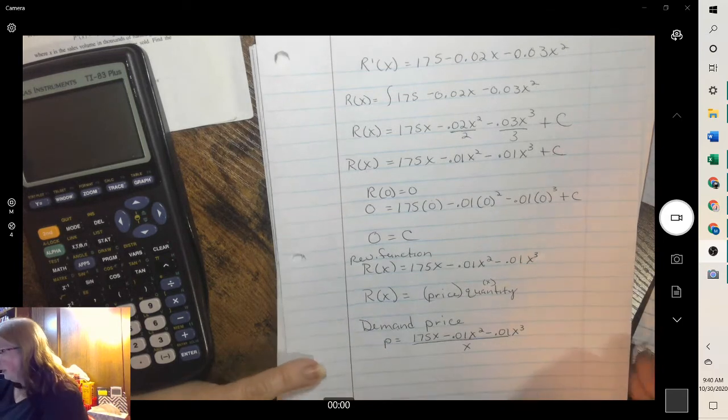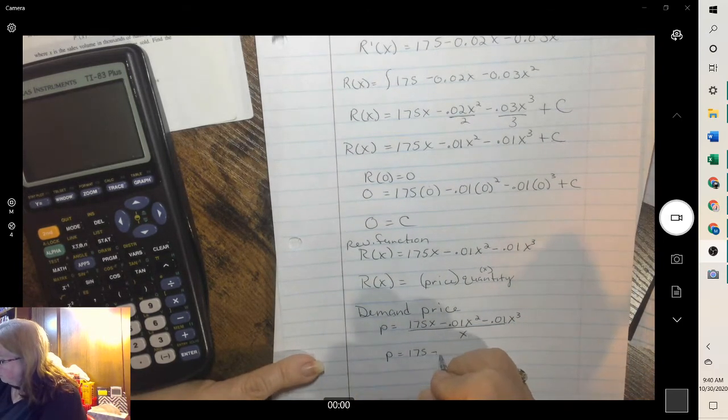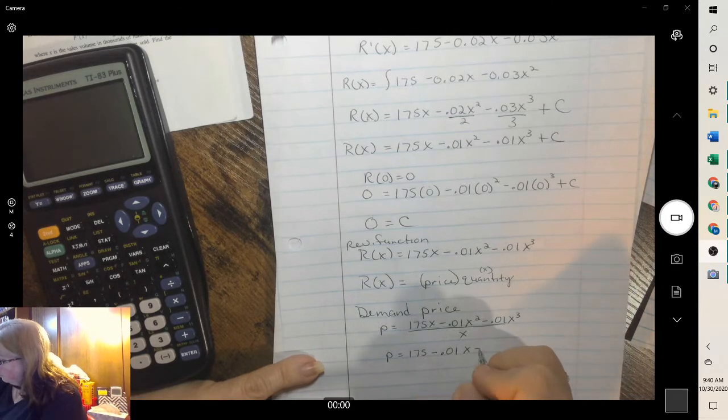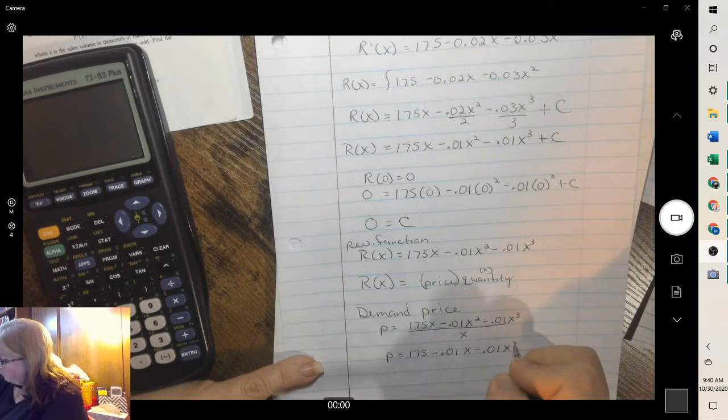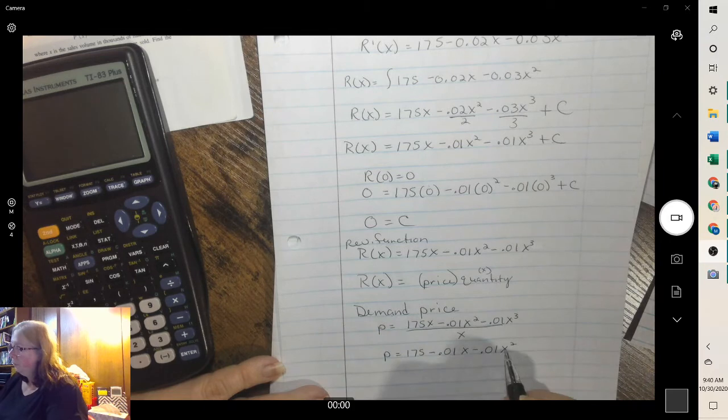Because we need to take the x back out. So if I take an x from each one, it lowers them all by 1 degree. So this would be our demand price.